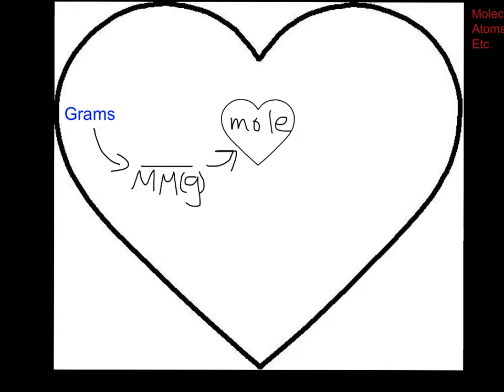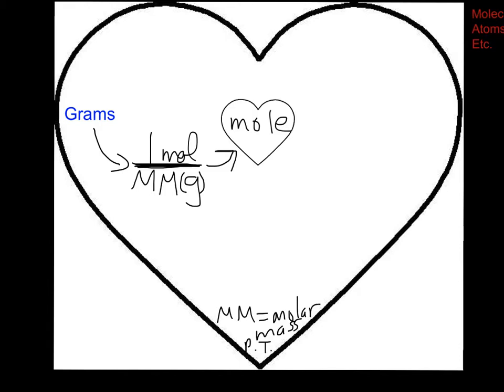So that's what our capital M's stand for there. The MM means molar mass. And we get that from the periodic table. And since this is the molar mass, if we have grams on the bottom of this fraction, that means we have 1 mole on the top. And that's how we convert from grams to moles.